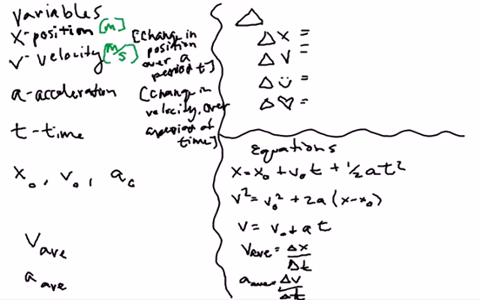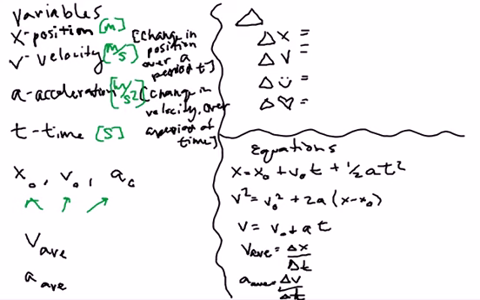Now, acceleration is velocity over time, so velocity was already meters over seconds, so now we have meters over seconds squared, because we added an extra time unit in there, and time, if you haven't picked up yet, is measured in seconds.